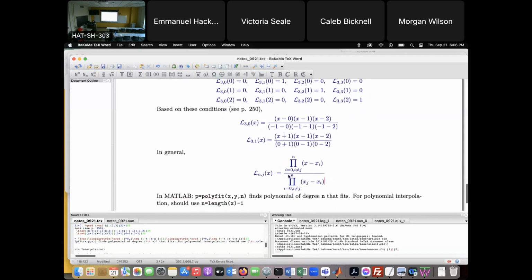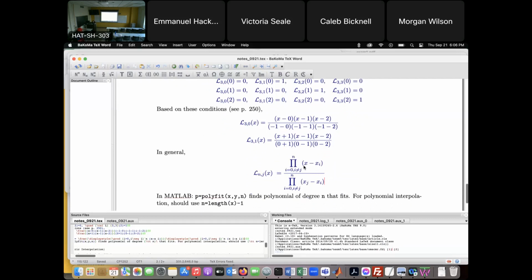So what we have here is the Lagrange polynomial corresponding to xj is a product of x minus xi, where i is not equal to j.